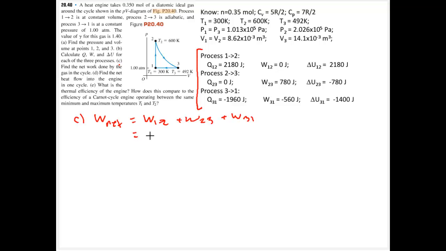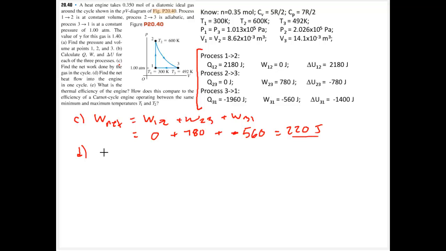They're written up there in that table. Work 1, 2 is going to be 0 joules, work 2, 3 is going to be 780 joules, and work 3, 1 is going to be negative 560 joules. So you add all those up, and we're going to come up with 220 joules. That's going to be the net work done by the system.